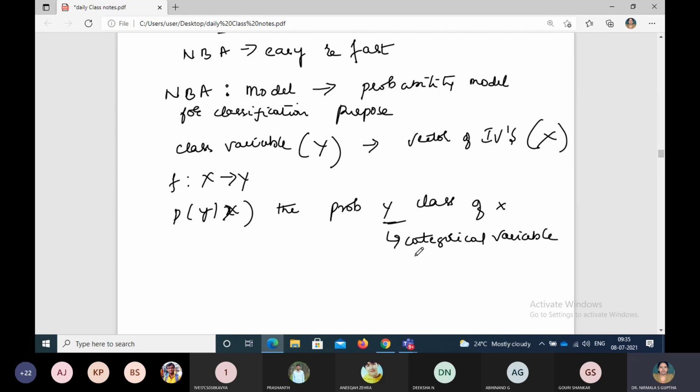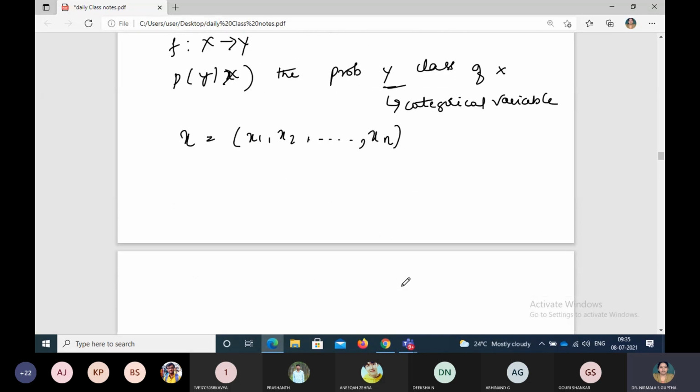Now let us see this model mathematically. Let us take a given instance to be classified, represented by a vector x equal to x1, x2, and so on up to xn.